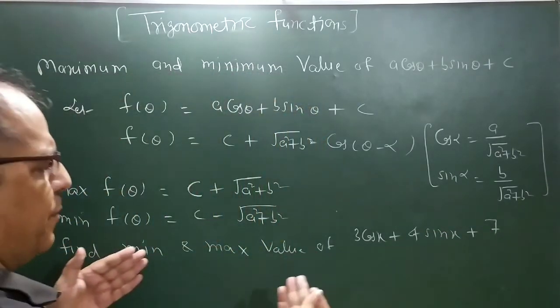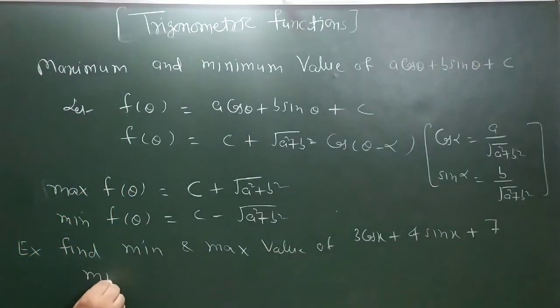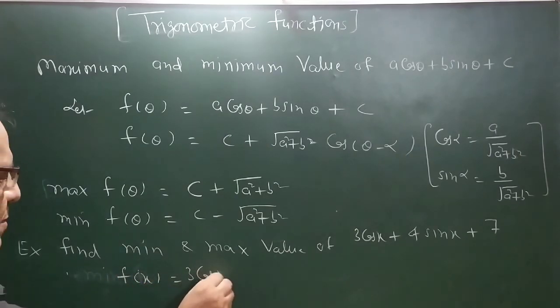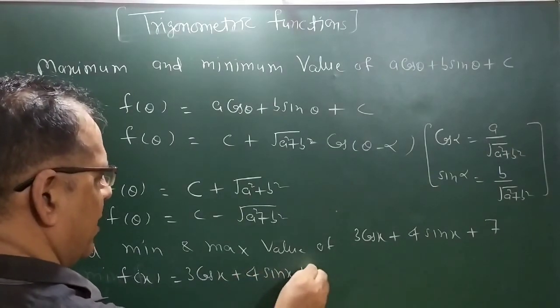So now I am taking an objective type of question based on this formula. Suppose we assume f(x) equal to 3 cos x plus 4 sin x plus 7.